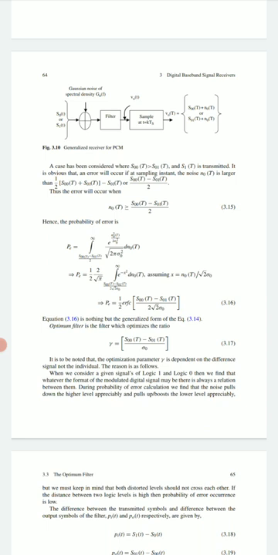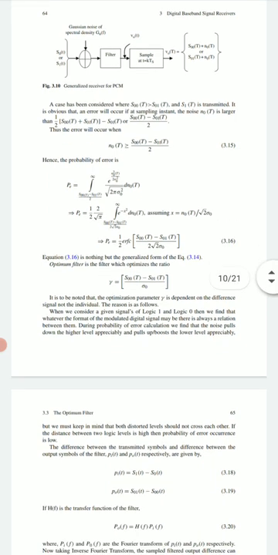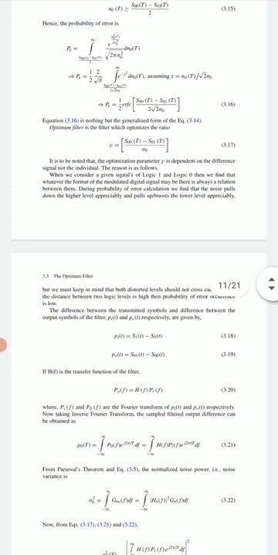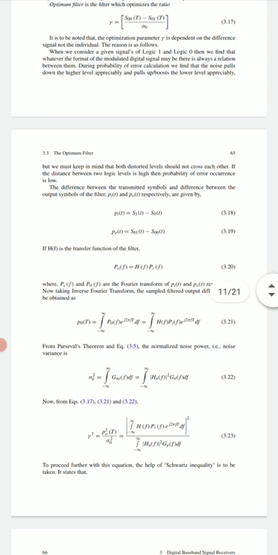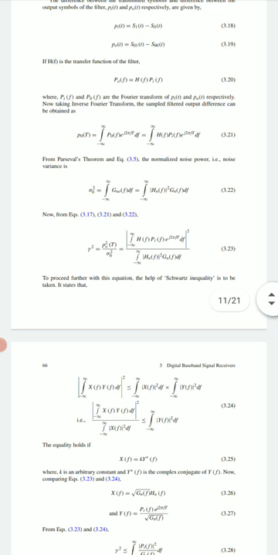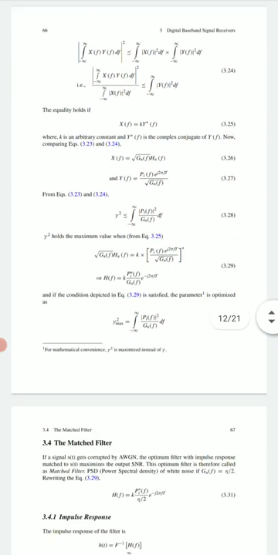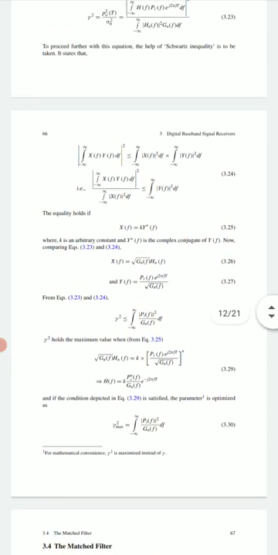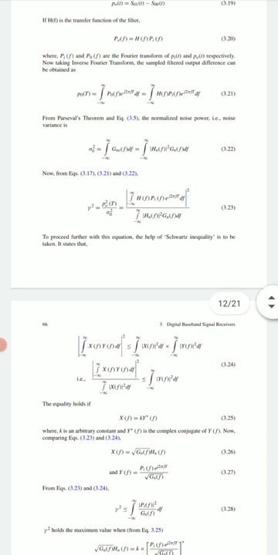When we are using the optimum filter, in order to find its error probability, we consider that we are transmitting one of two signals, s_1(t) or s_2(t).